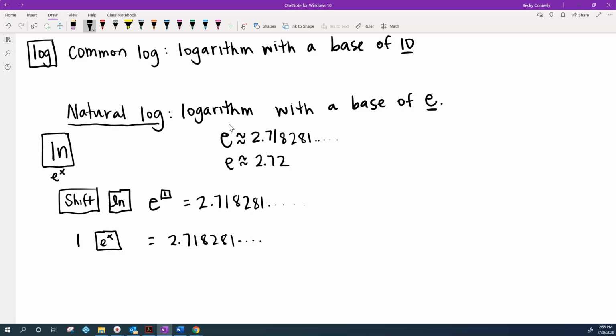The reason we have natural logs is that there are things in nature that tend to grow and decay at this very mystical amount, this e. That's why they've used this e.